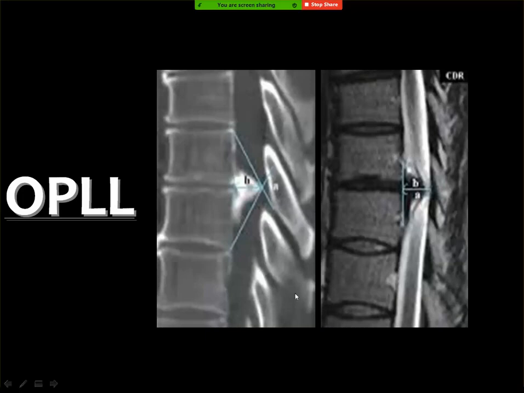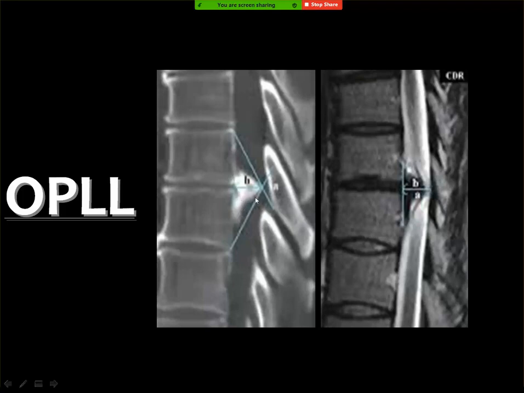only in one case in my life. If you look carefully, you see a big calcified mass in the spinal canal. Actually, if I feel that this is an extradural lesion, I will say that this is a calcified disc.